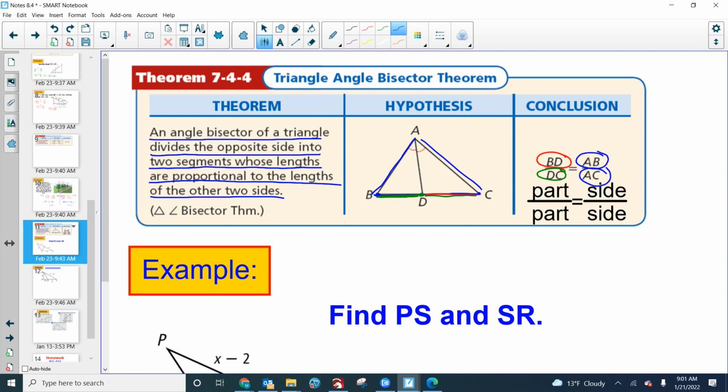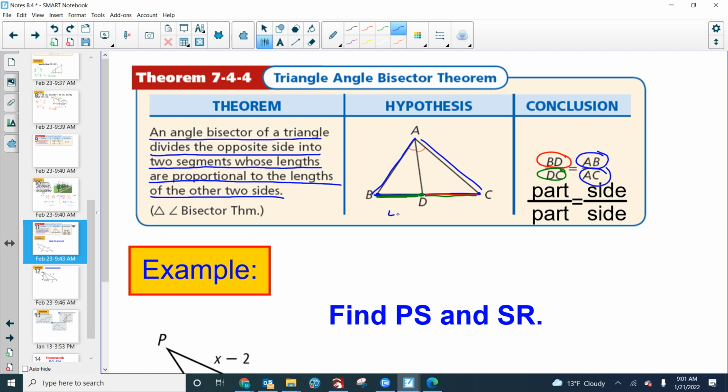I'm going to do left over right. BD over DC. If I do left over right, then the way I'm looking at it, I have to do the left side over the right side. Does that make sense?